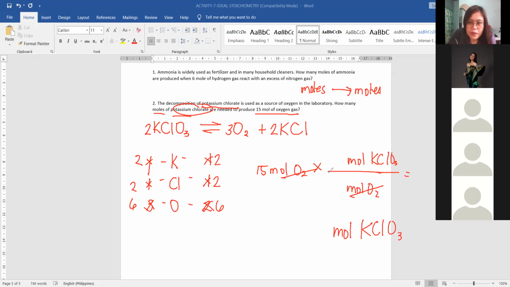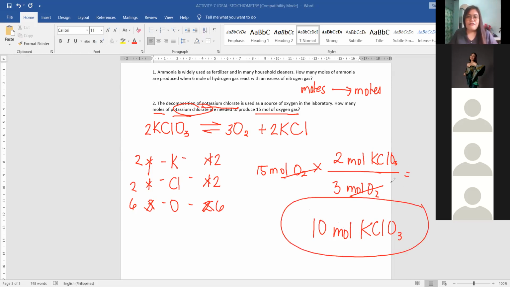So, what is our mole ratio here? Ang ma-produce daw na oxygen is 3 moles if you have 2 moles of potassium chlorate. So 15 times 2, it's 30 divided by 3, it's 10. So the correct answer for number 2 is 10 moles of potassium chlorate. Did you get the same answer sa nakasulat sa screen?